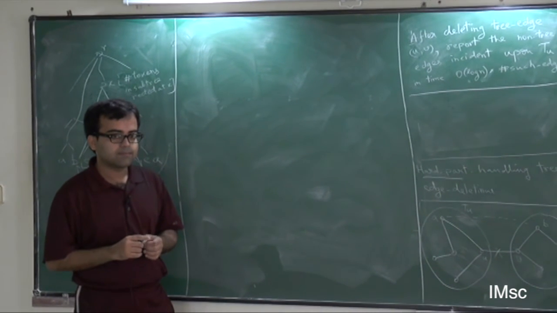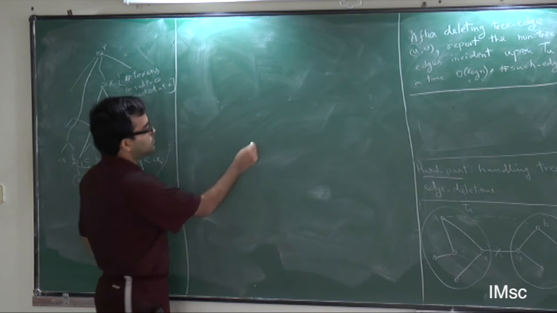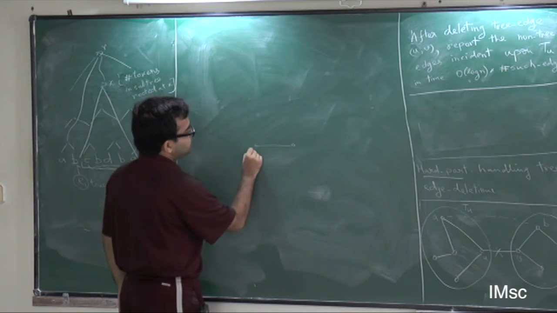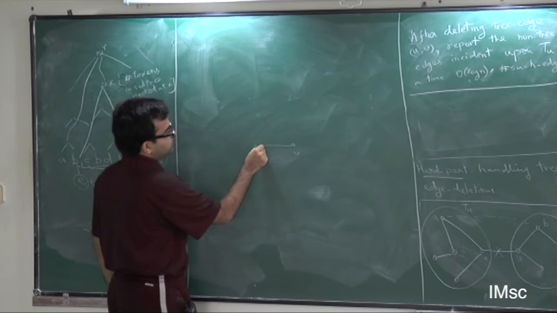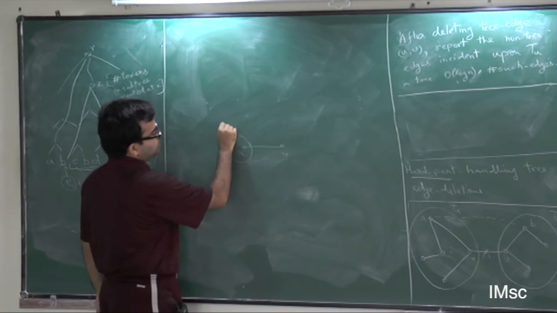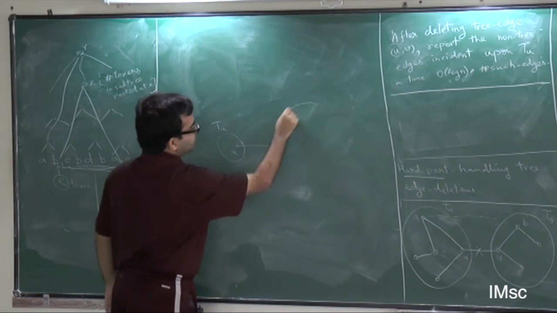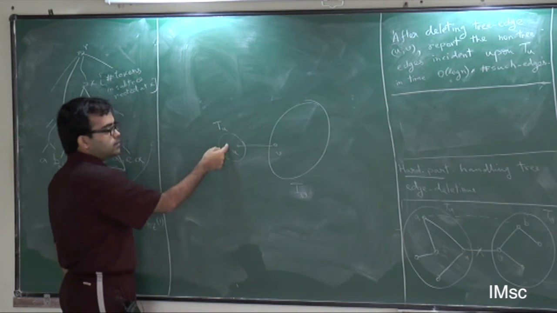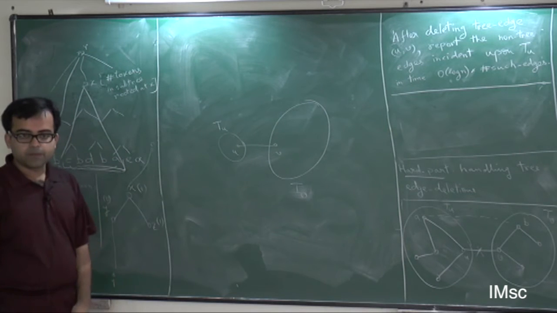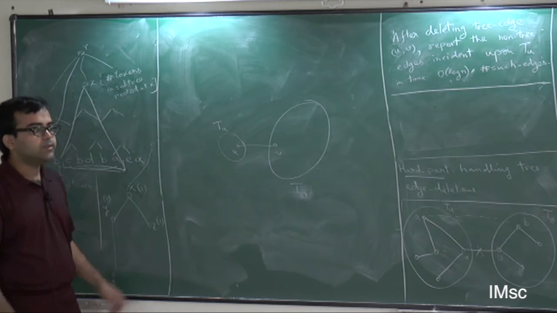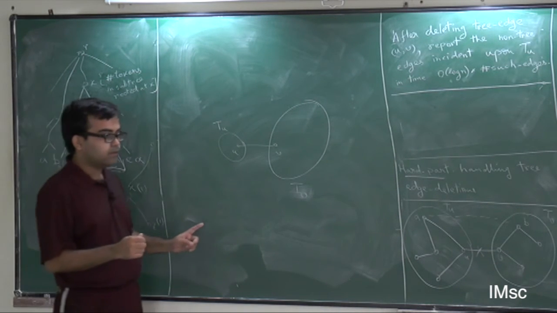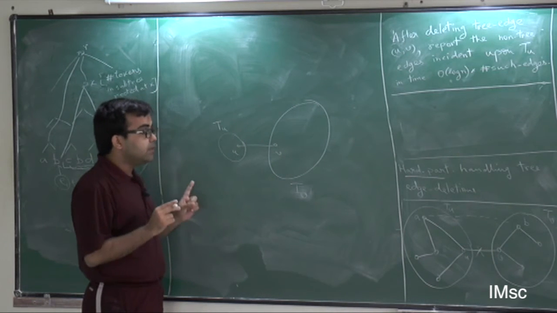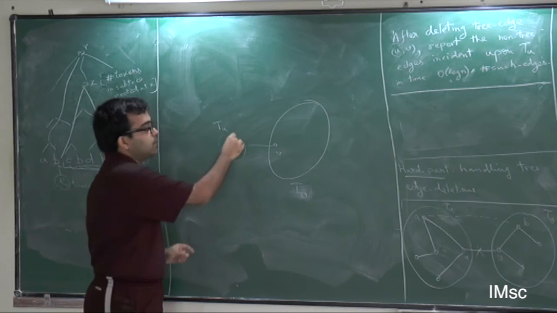Okay, so no, first split the ET tree into two halves. Let us just draw this picture. So, this is U and V, and suppose this is T U, this is T V. So, you just get these two new trees, T U and T V, but then what you need to do is check if there is a crossing edge.